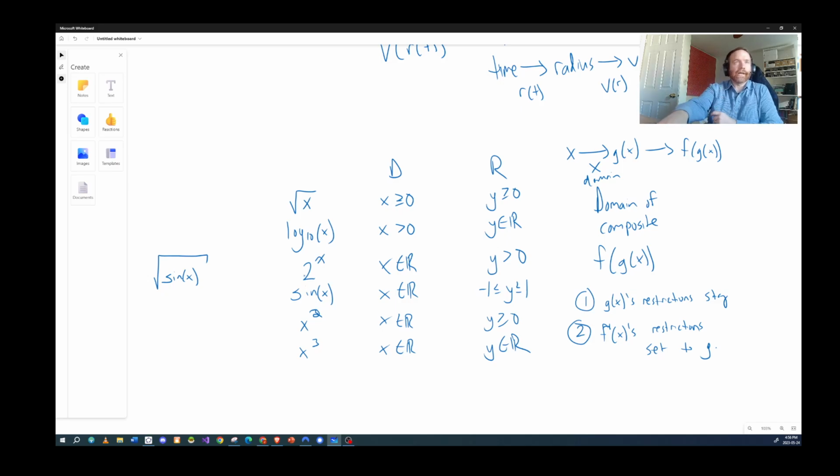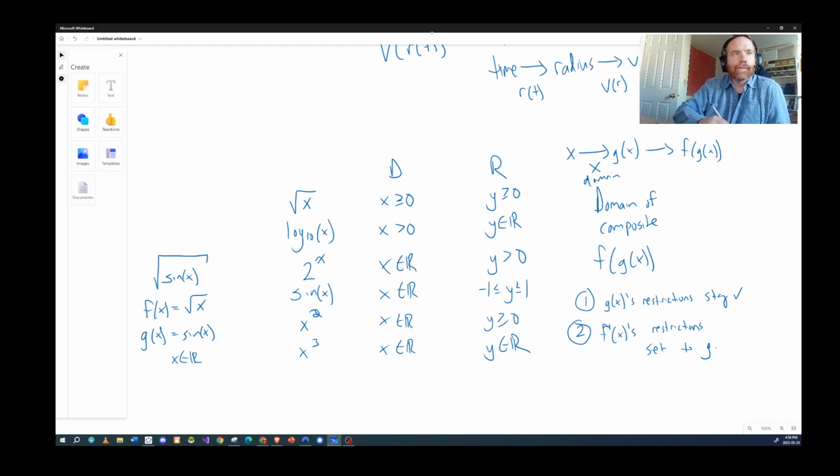Now, sine has no restrictions. So think about it: f is the outer function, g is the inner function, so g is sine x. If I look through my little domain checklist over here, I see that g's restrictions stay. Well, g doesn't have any restrictions. Its x belongs to the real numbers. But then it says f's restrictions set to g. Now, f does have restrictions.